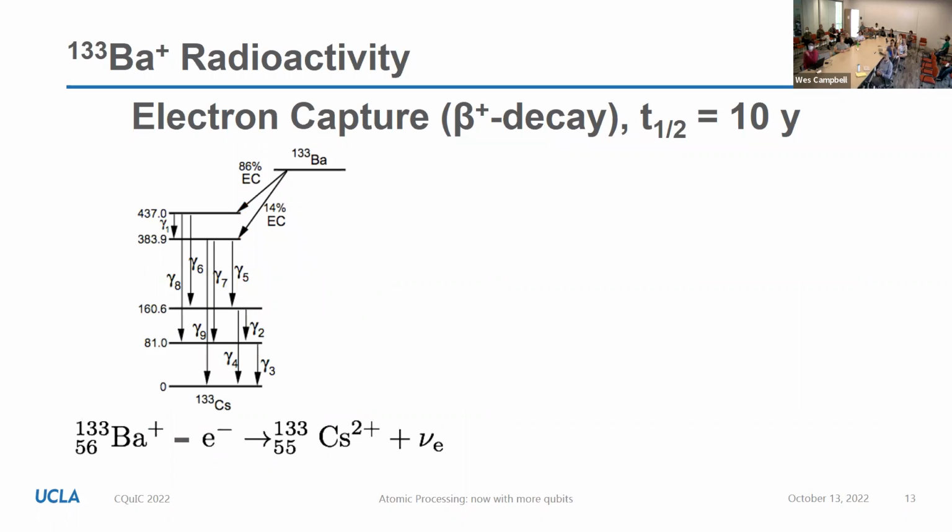So the way that this thing decays, just for anyone who might be curious, what happens in this 10-year half-life? Well, it basically swallows up an electron. The nucleus will pull an electron in, and a proton will become a neutron. It'll shoot an electron neutrino out of there, and it becomes cesium-133, which is the usual kind of stable isotope of cesium.